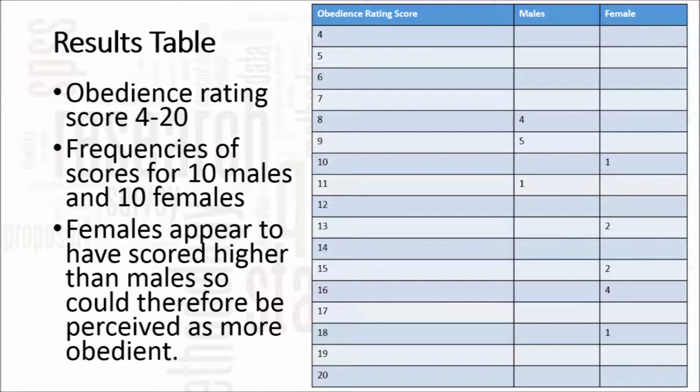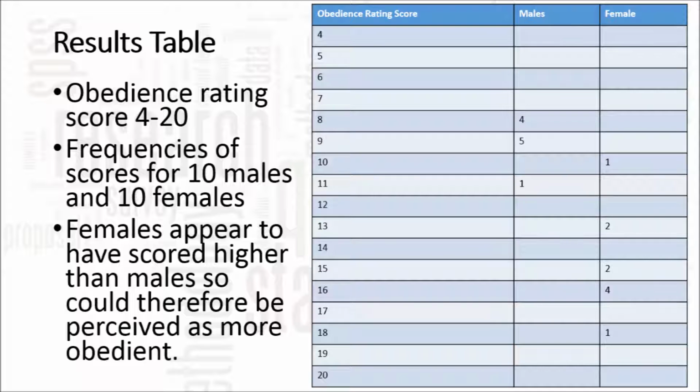Okay, so now I've actually scored all my questionnaires. What I've done is I've put these into a frequency table, and this shows the obedience rating score, so we're going from 4 to 20, and it shows the frequencies of how many males rated themselves a specific score and how many females rated themselves a specific score.